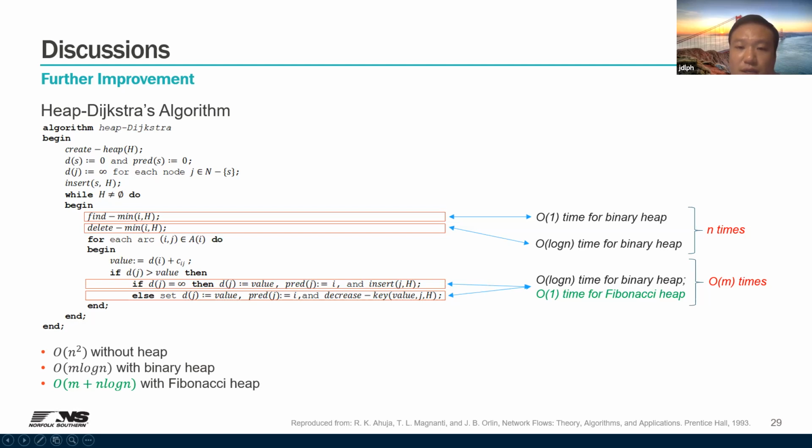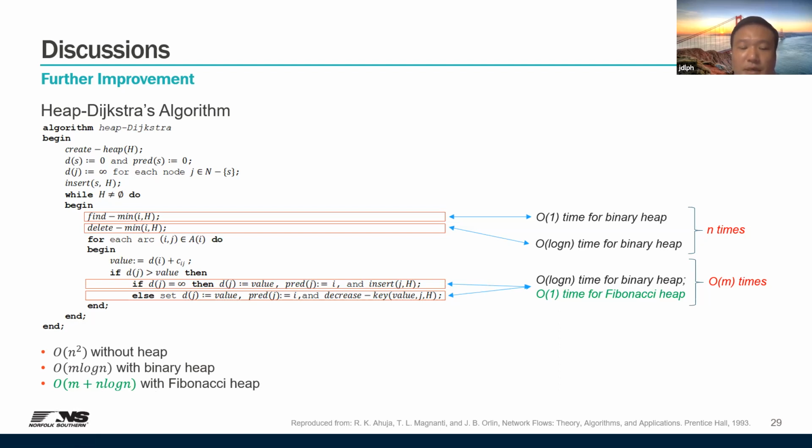So if we re-implement it using this advanced heap, we can further bring the time bound from big O of m log n to big O of m plus n log n. And this is actually the best time bound we can achieve for heap implementations.